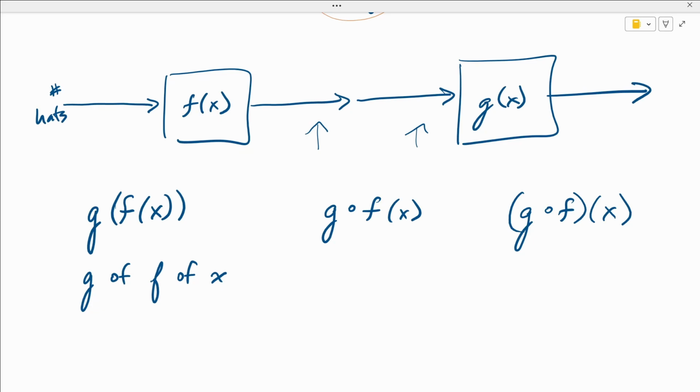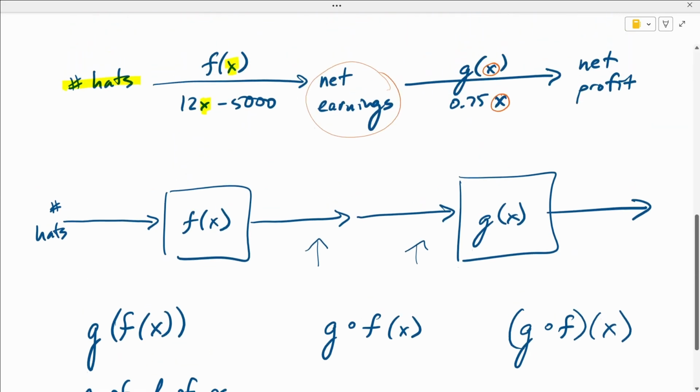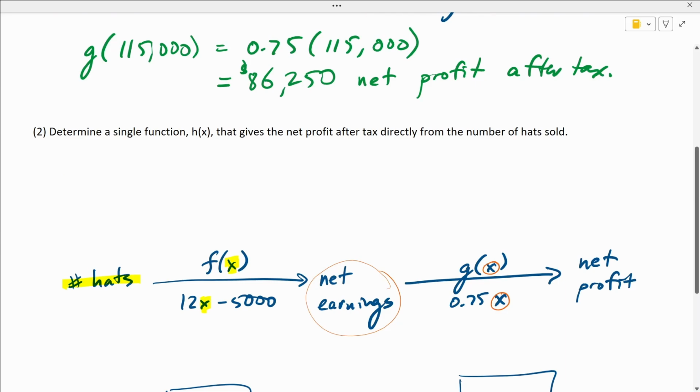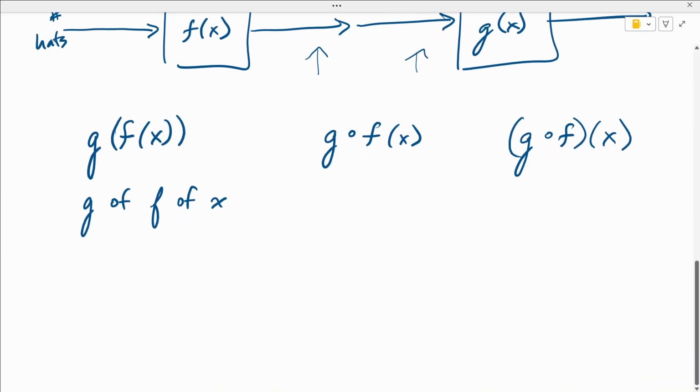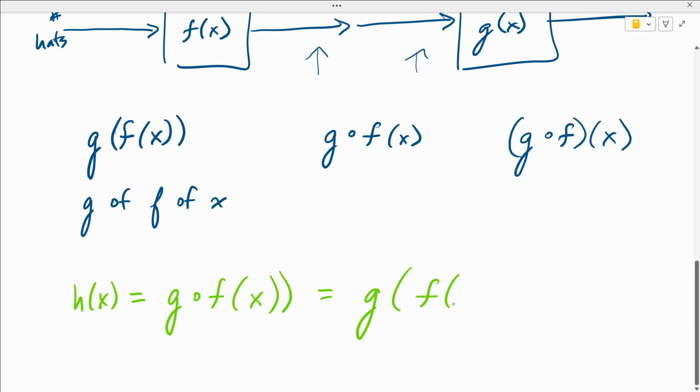Okay, and now algebraically, we're asked here for a single function h that gives the net profit when the input is the number of hats. So in other words, h of x in our example is g of f of x.